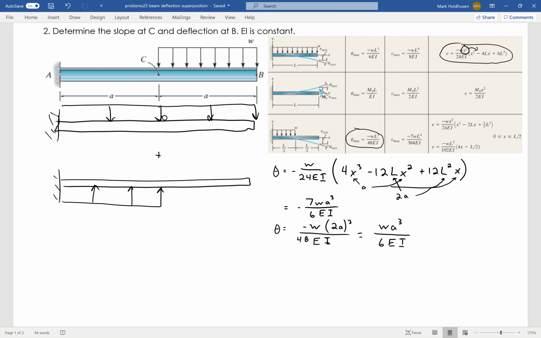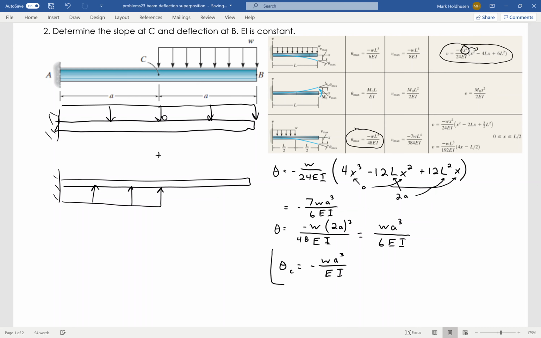The top one is causing a downward slope, and the other is causing an upward slope, so I'm going to subtract the two. I'm adding negative 7/6 to 1/6, which leaves me with negative 1. So that total slope, at C, becomes negative WA cubed over EI, just adding those two together.